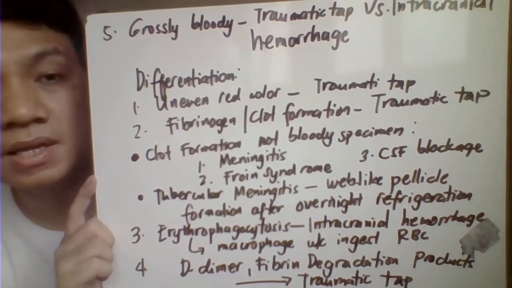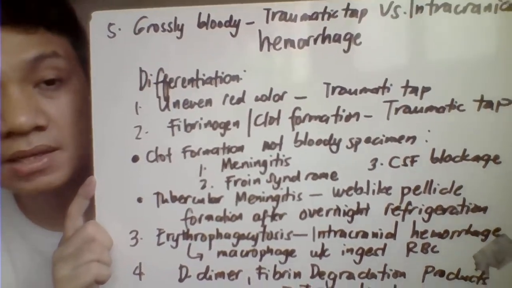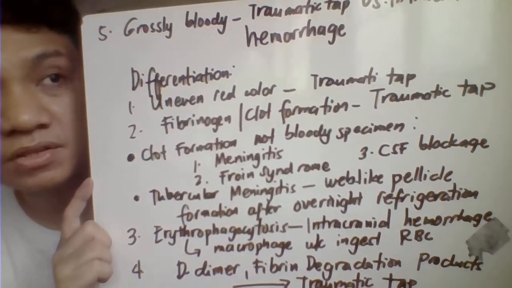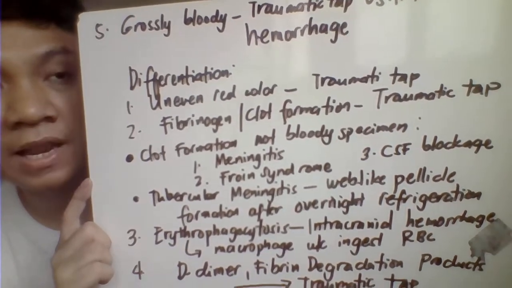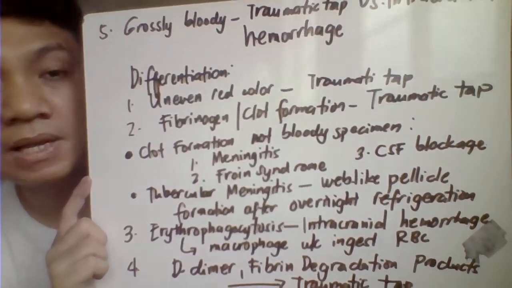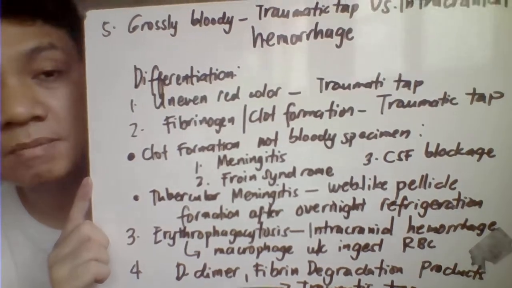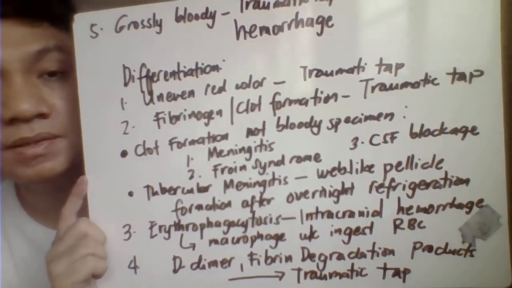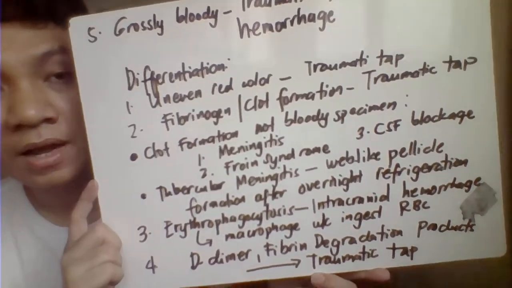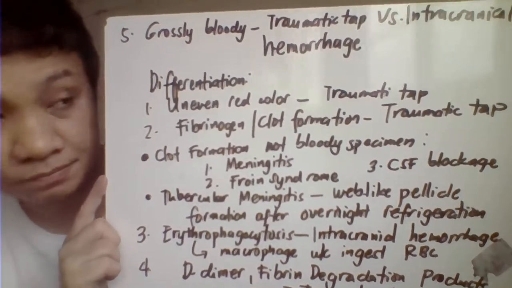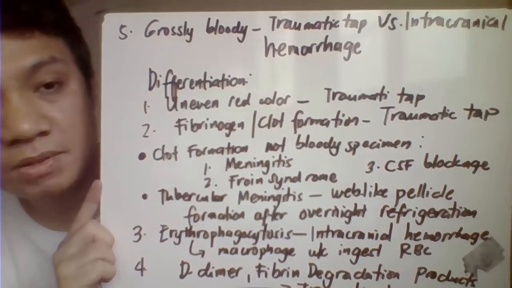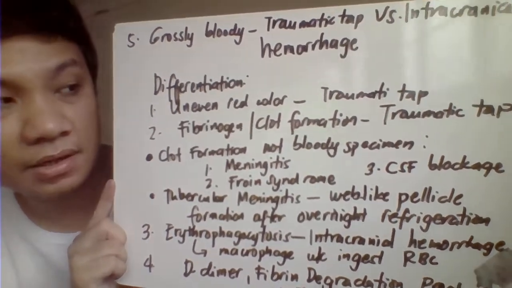Intracranial hemorrhage means there is already bleeding within the CNS. So even if you collect carefully, since there is bleeding inside, the specimen will still be bloody, but not related to mishandling of the procedure. So differentiate between a traumatic tap and an intracranial hemorrhage.